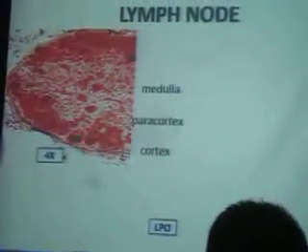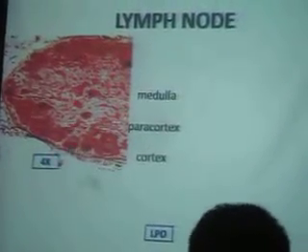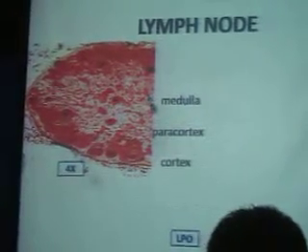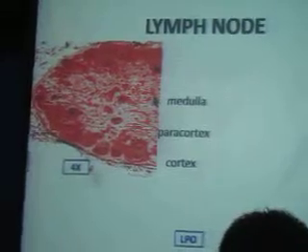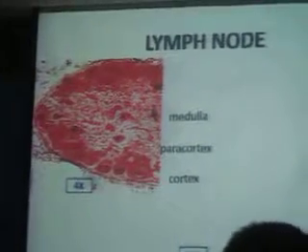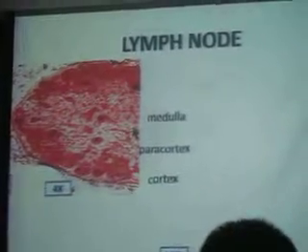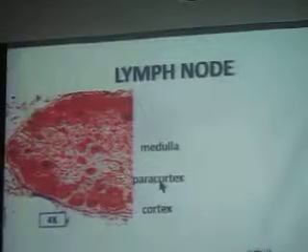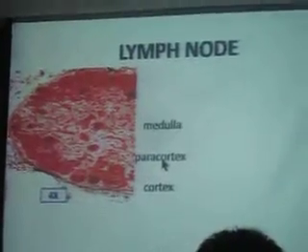Within the cortex, you have your lymph nodules. In the medulla, you have your medullary cords, and the spaces will be your medullary sinus. Between the medulla and the cortex, you have your paracortex. It is characteristically that part where you'll have your high endothelial venules, as what was in the exam.